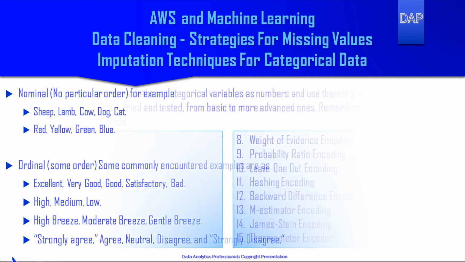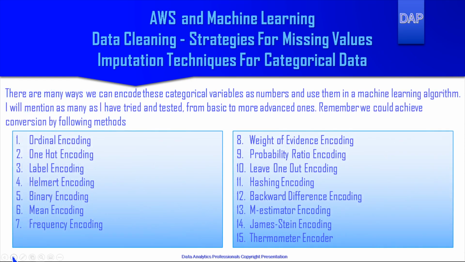Now, if we move on to the next slide, just remember that there are many ways we can encode these categorical variables as numbers and use them in machine learning algorithms. I will mention as many as I have tried and tested, from basic to more advanced ones. Remember, we could achieve conversion by the following methods. We can take any of the methods and use them.